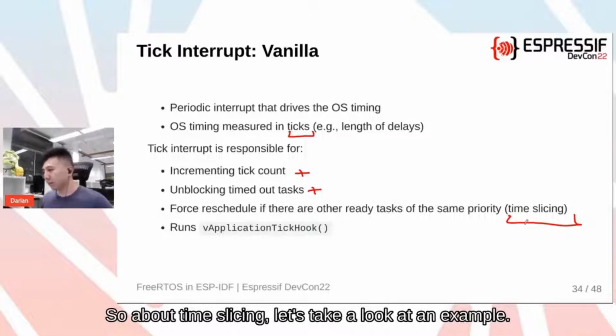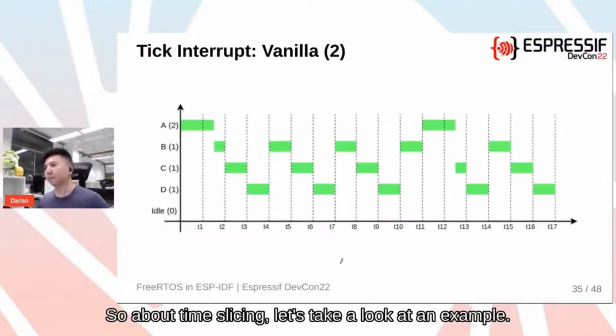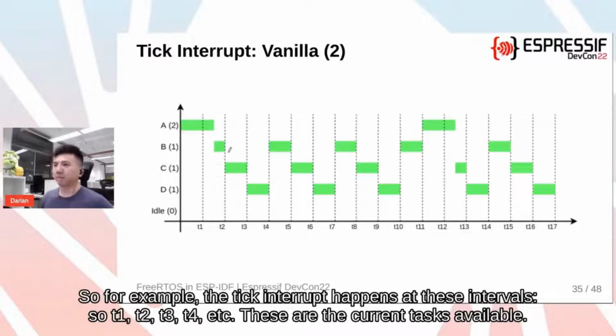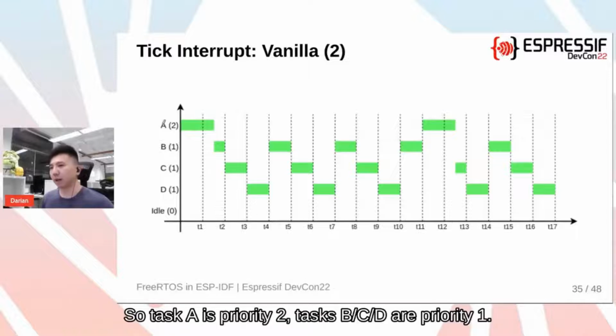So about time slicing, let's take a look at an example. The tick interrupt happens at these intervals, T1, T2, T3, T4, etc. And these are the current tasks available. A is priority 2, B, C, D is priority 1.